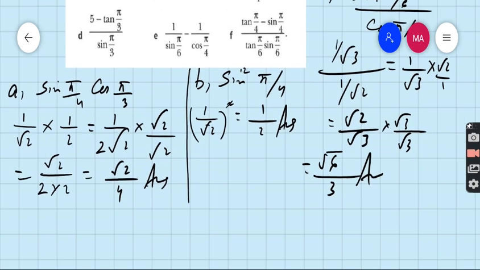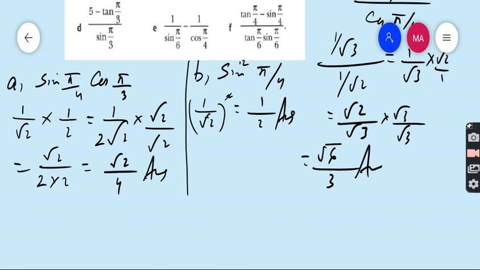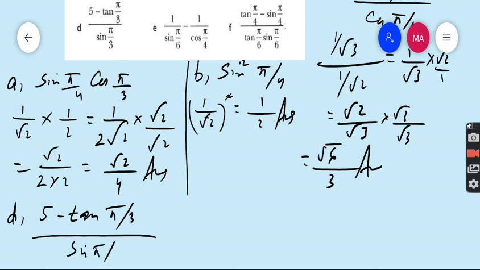Part D is 5 minus tan pi by 3 upon sine pi by 3.